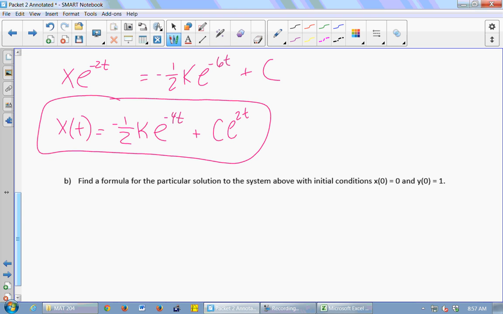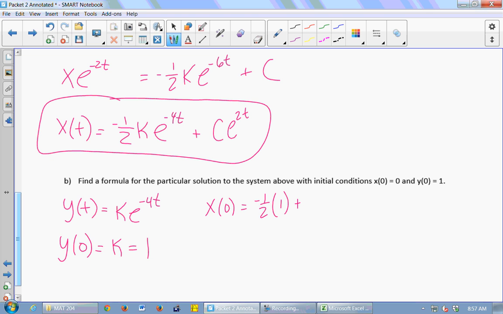So I know that y of 0, y is the easier one. Y of t is k e to the negative 4t, and y of 0 is k, which is 1. And then x of 0 is going to be negative 1/2 k, which is 1, plus c, and that's all 0. So that means c has to be a half.